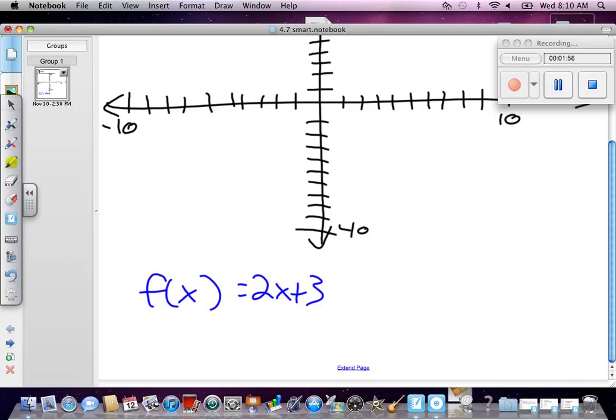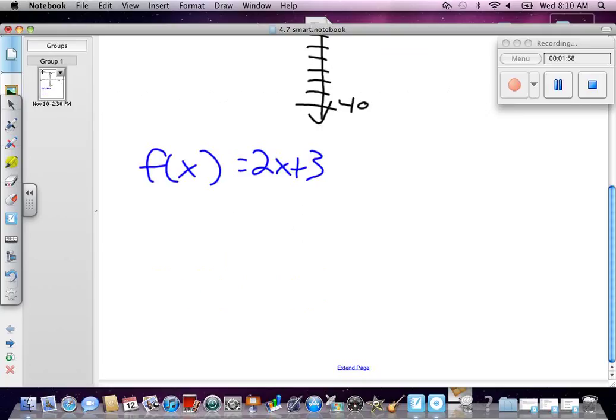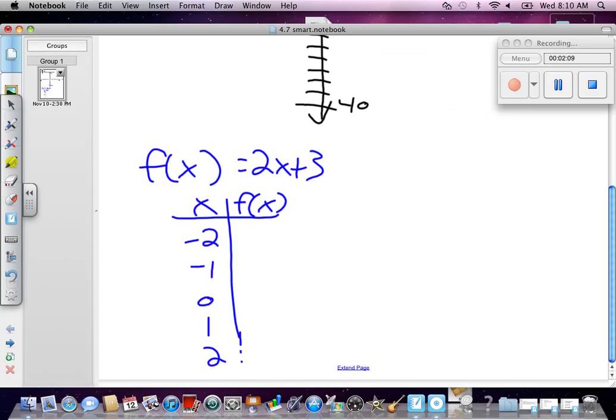The directions want us to find f of x when x is -2, -1, 0, 1, and 2. So all we're doing is going 2 times -2 plus 3. Plug it in for x. 2 times -2 is -4, plus 3 gives us -1.